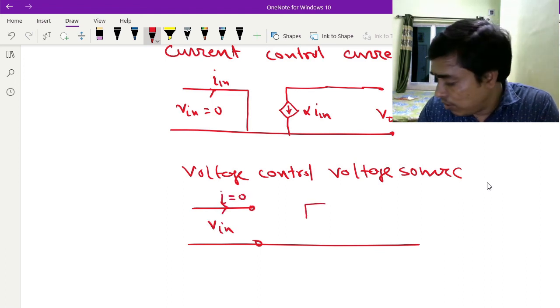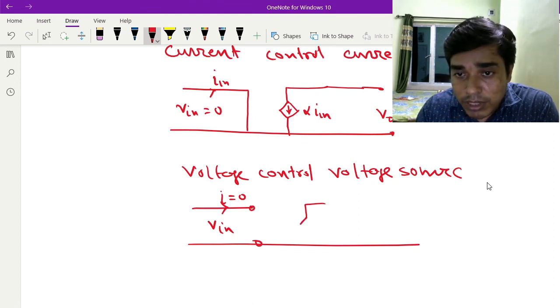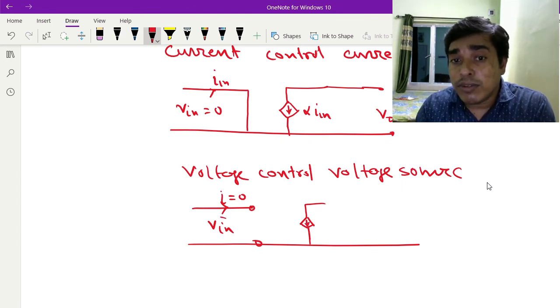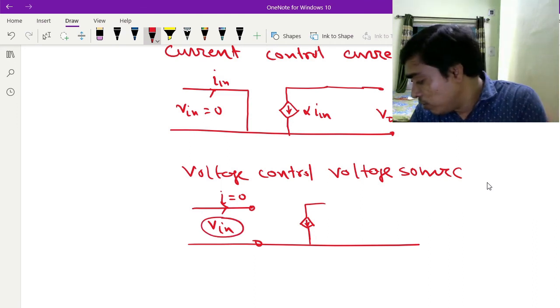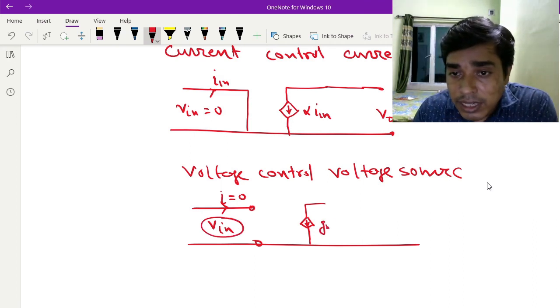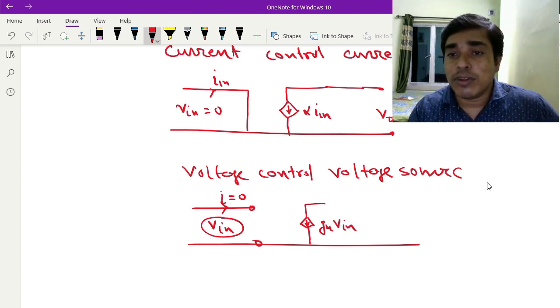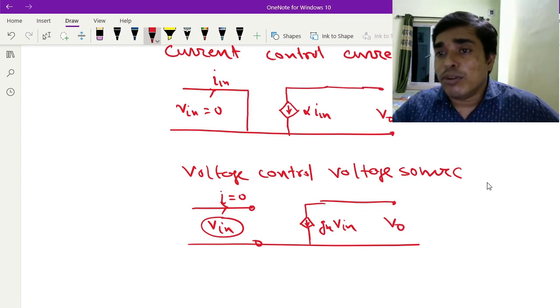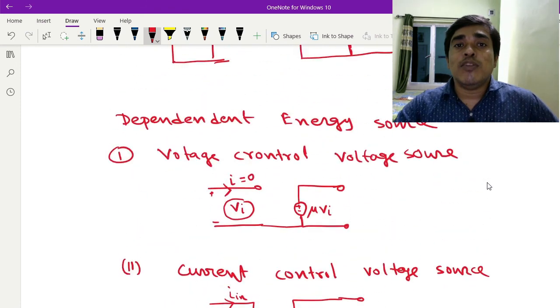There must be a current source, and this current source depends upon the input voltage, so it will be G M V input. This is the output V output. This is the fourth dependent energy source.